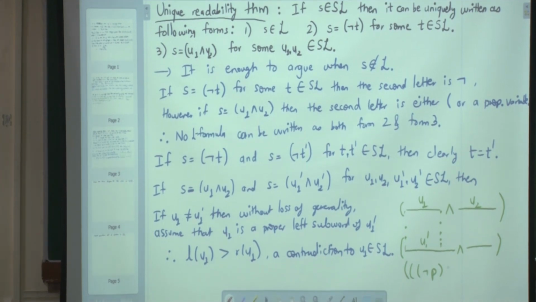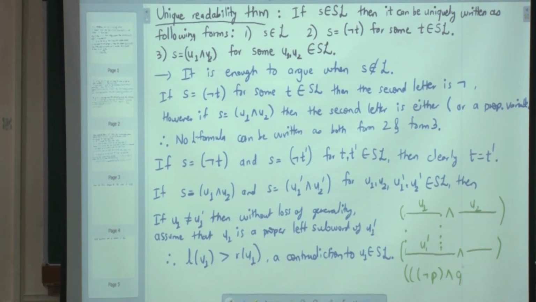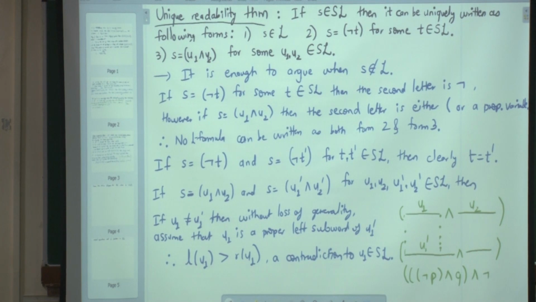Maybe I'll take conjunction Q, conjunction negation Q. This is a valid formula? Yes? So now can I write it in two different ways? What's your point now? Which one can be U1? What can be U1 prime?